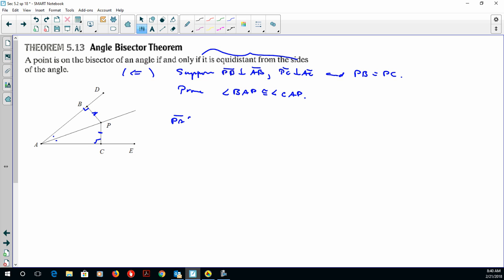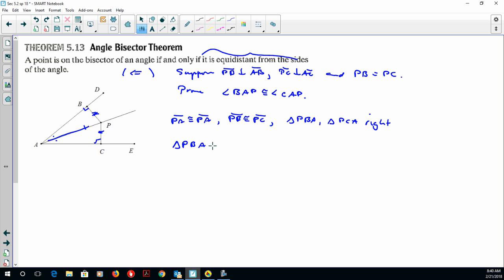Okay. So I have two right triangles, and I have hypotenuse leg. So triangle PBA is congruent to triangle PCA by hypotenuse leg.